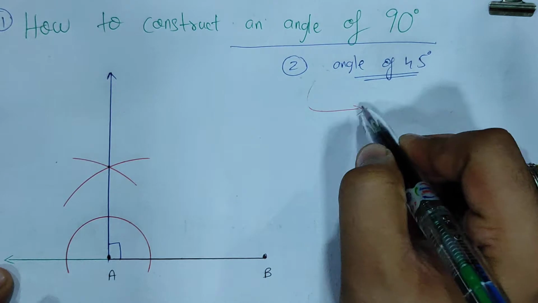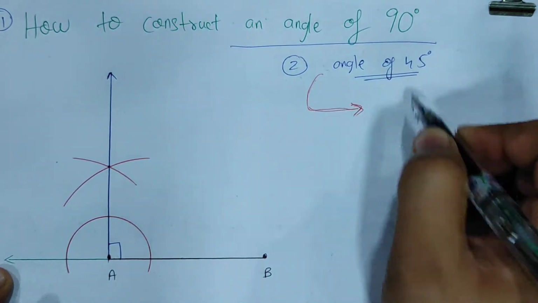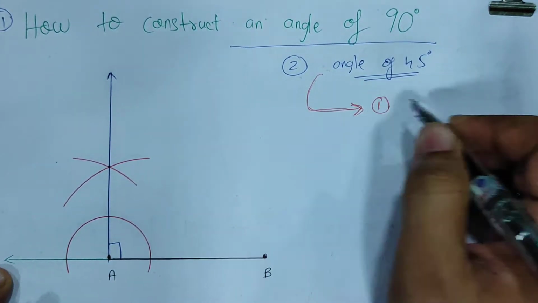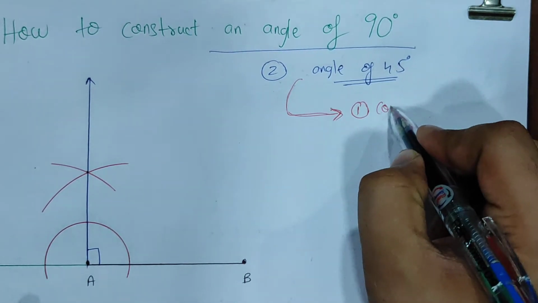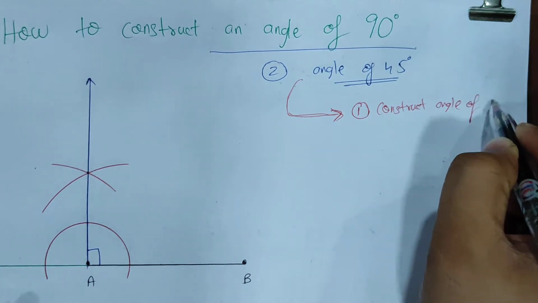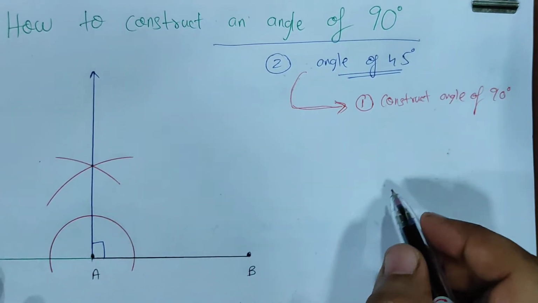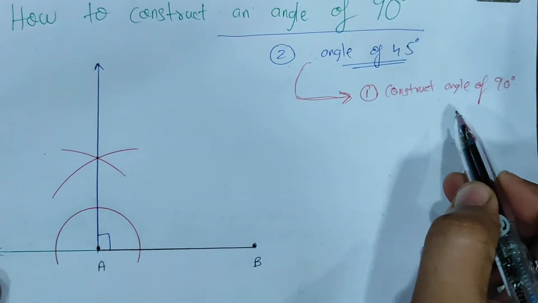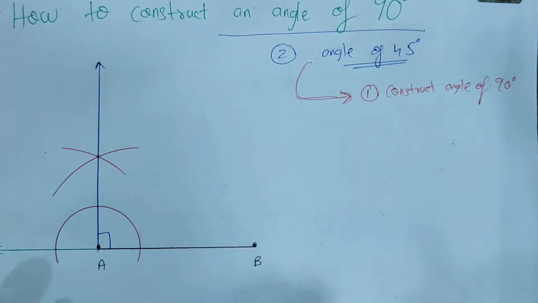Whenever it's asked to construct an angle of 45 degrees, step number one is to construct an angle of 90 degrees. Yes, to construct an angle of 45 degrees, you first have to construct an angle of 90 degrees, which we already did.